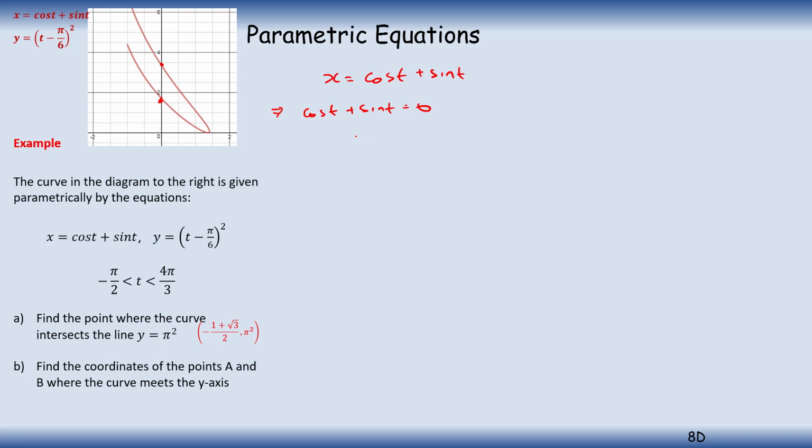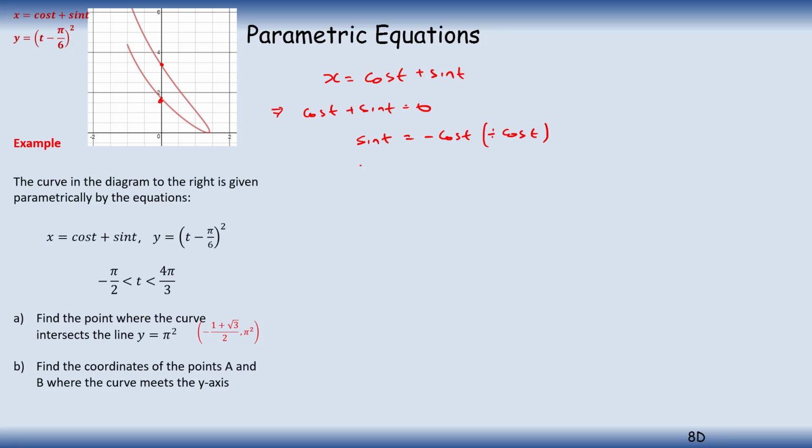Or I could say cos t, tell you what, let's leave the sine t on this side. Sine t is equal to minus cos t. Now then, how can I solve that? I'm going to divide through by cos t.